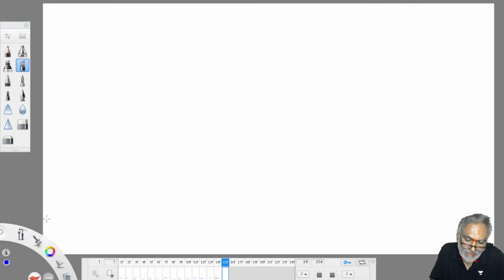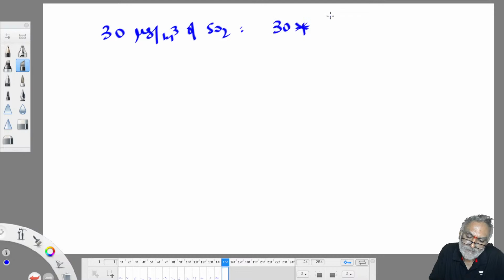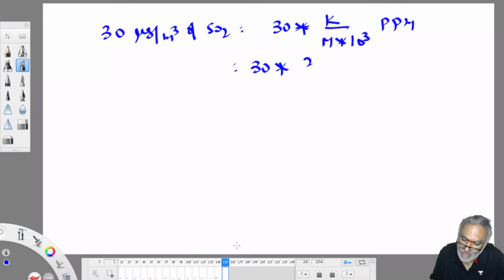Concentration. So 30 microgram per meter cube of SO2 is equal to 30 into K by M into 10 cube ppm. So 30 into K value is 24.04, M is 64 into 10 cube ppm.